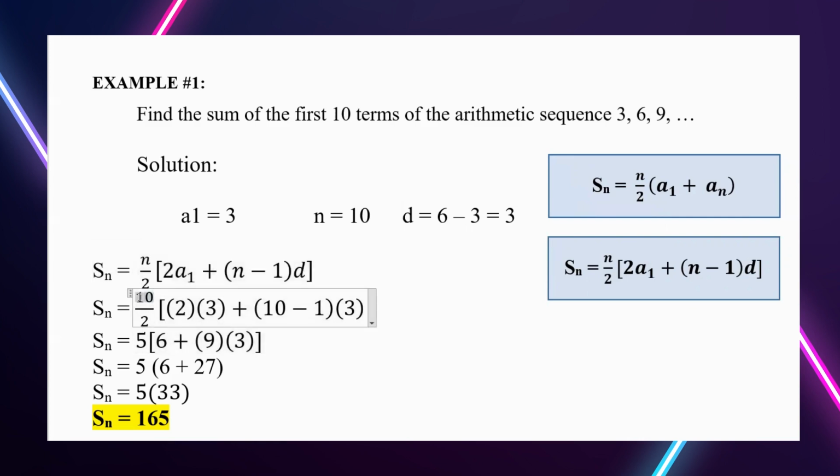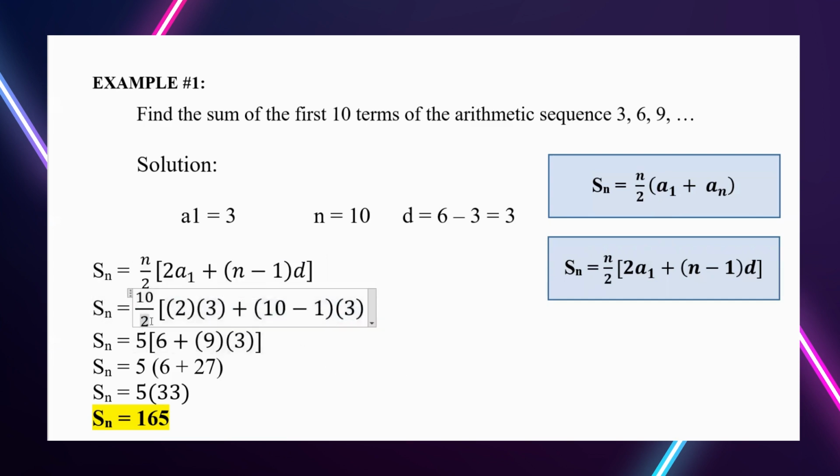So, ang n natin ay 10 all over 2 times the product of 2 and the first term, which is a sub 1, at ang value niya ay 3. Plus the quantity of n minus 1 na kung saan ang value ng n natin ay 10. Minus 1 times the common difference na kung saan ang value ng common difference natin ay 3. Let us simplify this equation.